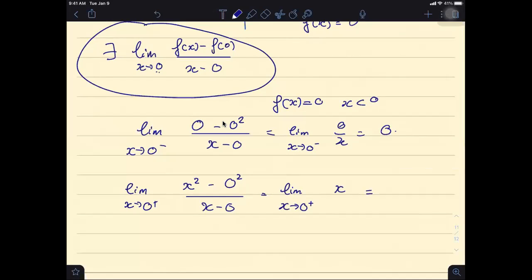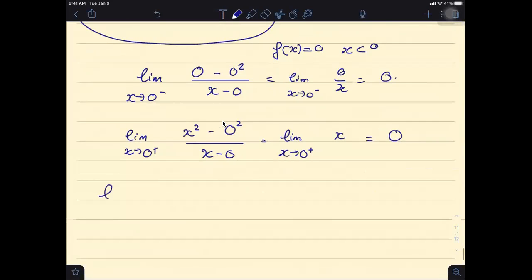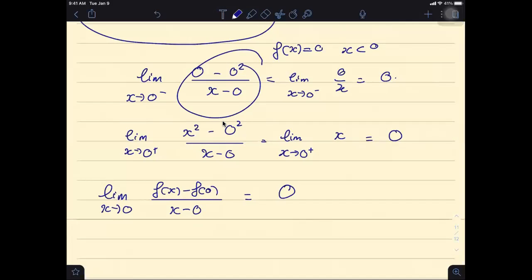Then this one gonna be equal 0 because x approaches 0, which means the limit as x goes to 0 of f of x minus f of 0 over x minus 0 equals 0, because from the left the limit is 0, and from the right, still 0.